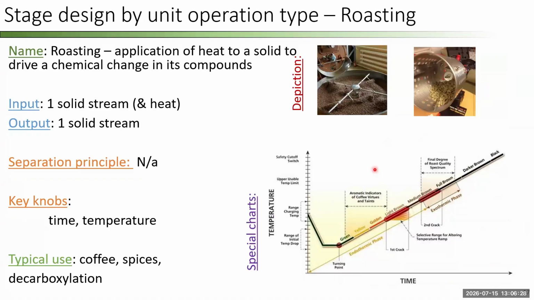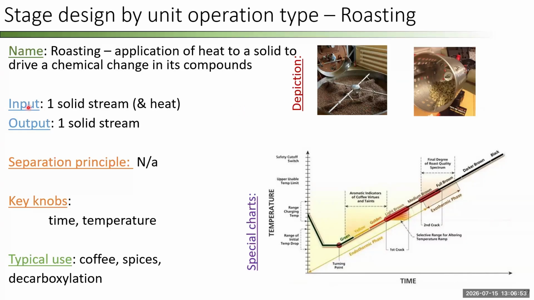Okay, similar to drying, we have roasting. So here we're not trying to drive a removal of volatile products from the solid, but we're trying to change those products, right? I'm heating something up in order to change the underlying chemistry.